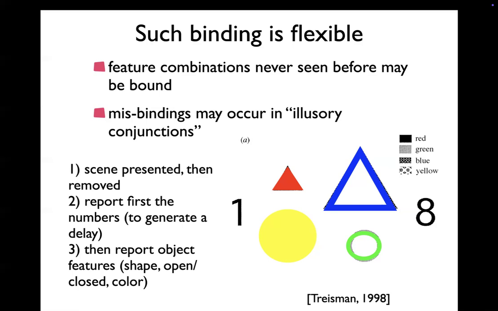Anyway, one experimental demonstration of this form of flexibility is that sometimes there can be mistakes, misbindings, sometimes called illusory conjunctions, in which you're not attributing the features correctly to an object, and that reflects that you're flexible about attributing features to an object.